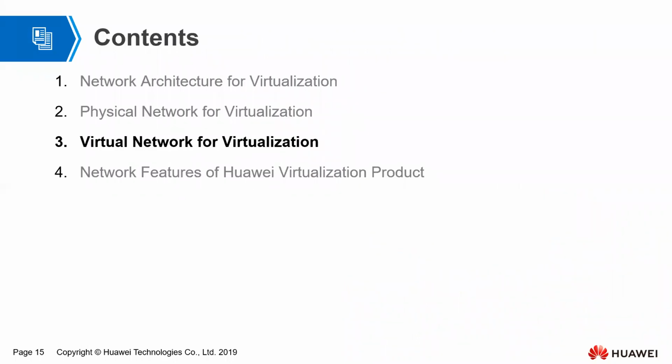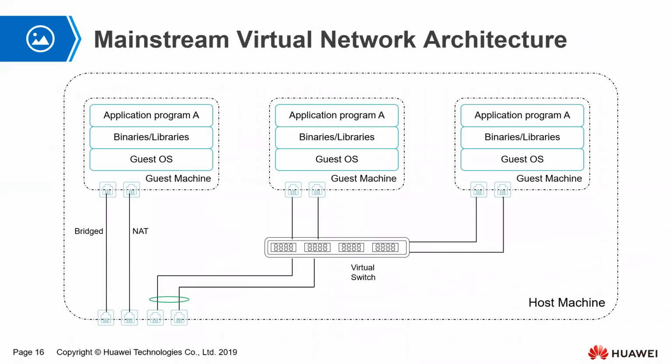Now let us look at network architecture, or the virtual network for virtualization. We want to look at this mainstream architecture and try to understand how some of these things work in a virtualized environment. I want to look at the mainstream virtual network architecture and try to understand what it is.